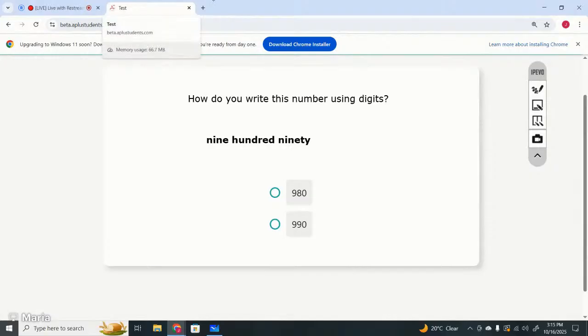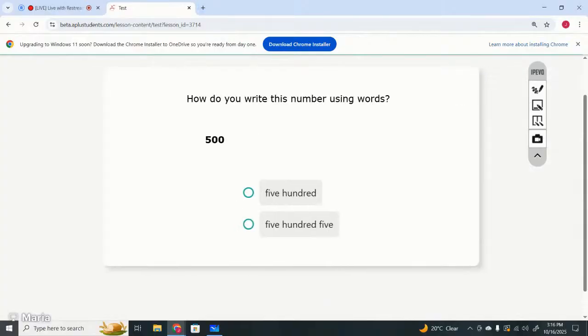So which is the correct option? Option number 2 is the correct option, 992.